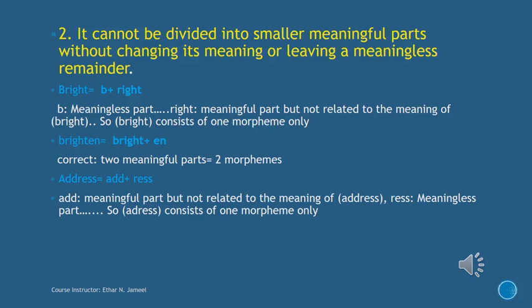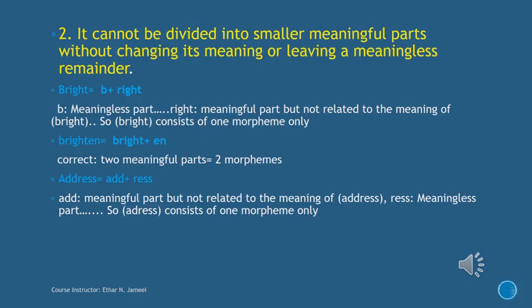And it means that the word bright is one morpheme because it cannot be divided into two parts. The result of which would be a meaningless part and a meaningful part with a change in meaning. So the word bright consists of one morpheme only.